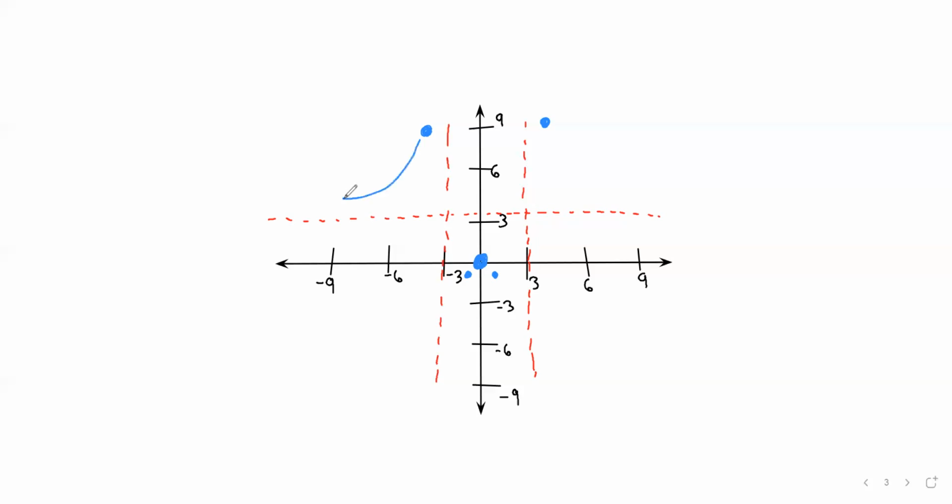Connect the points and curve towards the asymptotes. And then below is the shape of my parabola. And that's how you plot the graph of a rational function where the numerator is a monomial containing x.